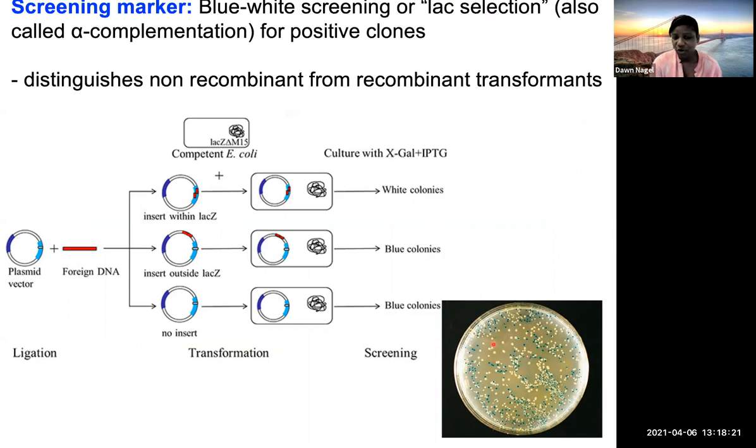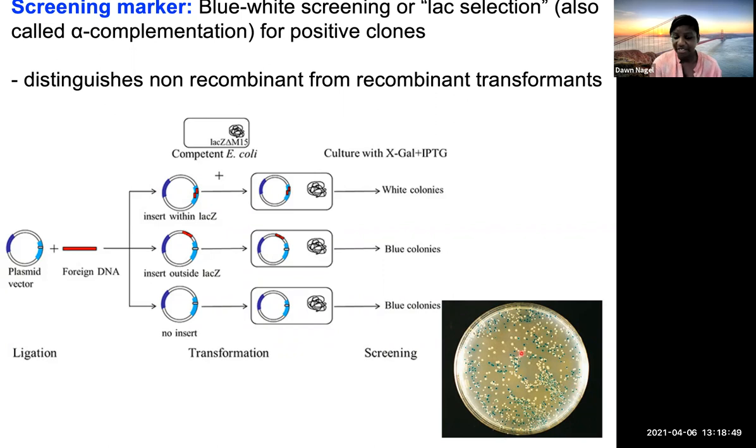Your colonies are all white. This is usually referred to as blue-white screening, lacZ selection, or alpha complementation. You're screening for clones that contain your plasmid in the cell with your insert in the right location.